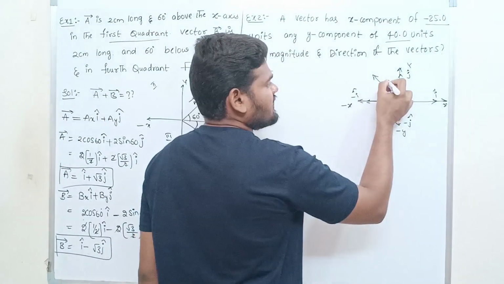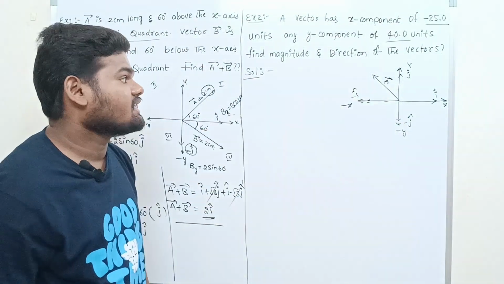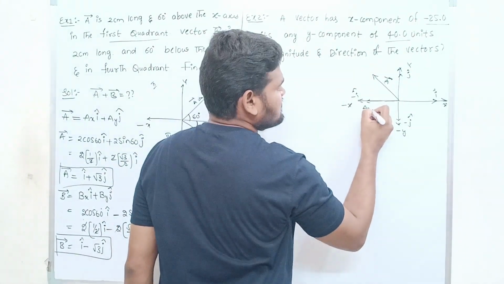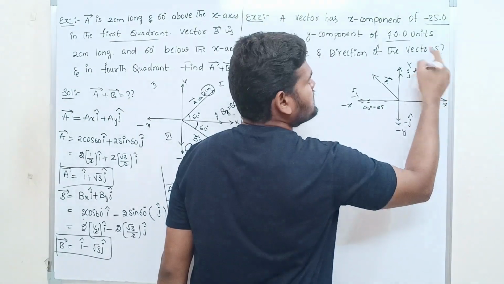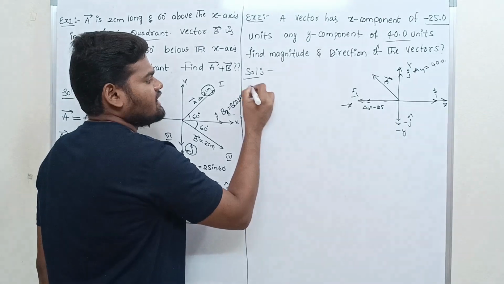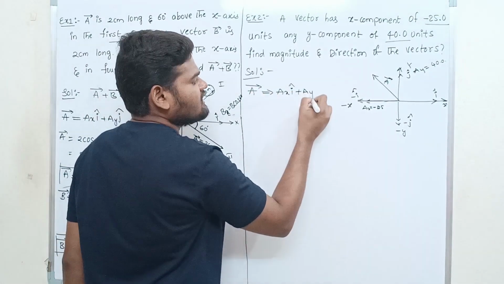Let us say this is the vector a bar. We don't know, but I'm just considering this vector as the a bar vector. Its x component Ax is equal to minus 25 units, and the y component Ay is equal to 40 units. So I want to write the a bar vector. What is the a bar vector? Ax I cap plus Ay j cap.